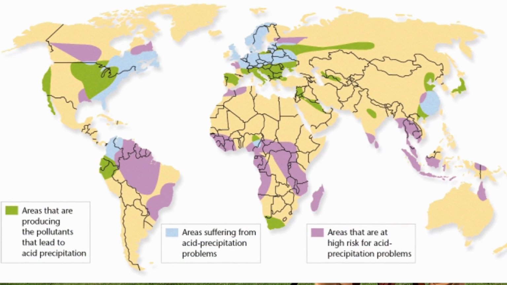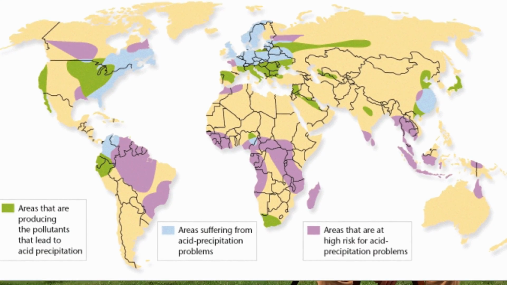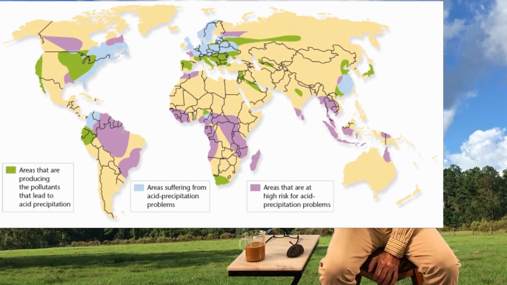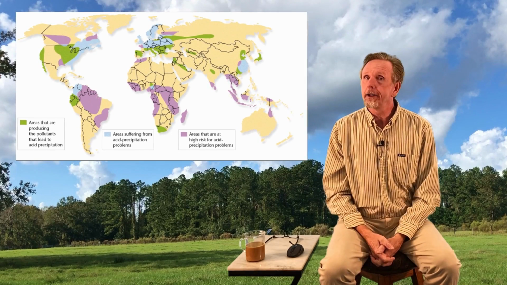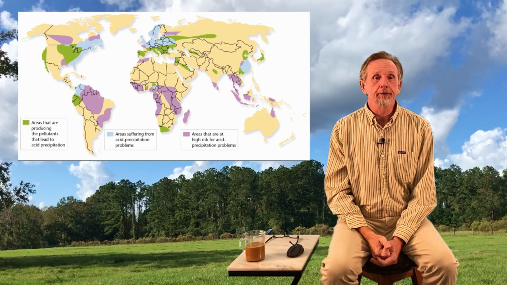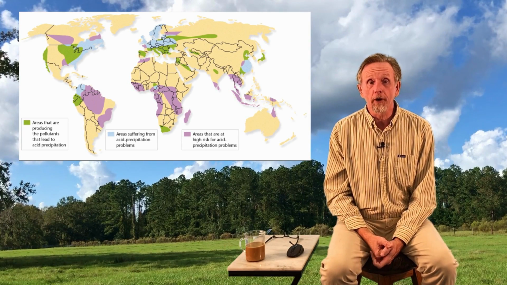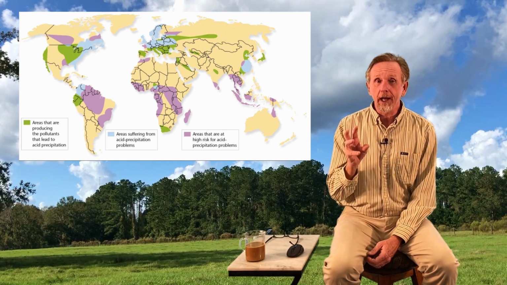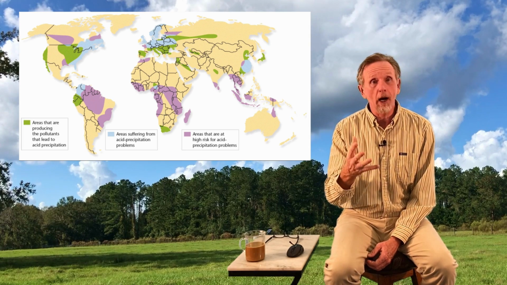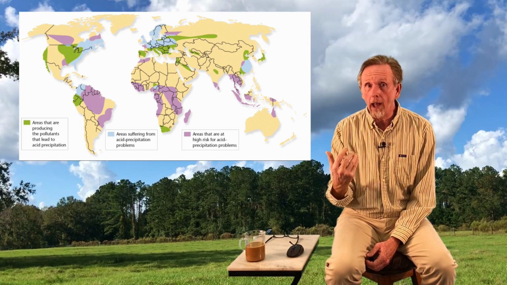If you look at the picture back here, we talk about these international conflicts. Green, those are the areas that are producing the oxides into the air that can turn into acid rain. The areas in blue, these are suffering from acid rain problems. Now it's kind of hard to see, but it's not the area of Florida that's producing the problems, but we are getting fallout from it.